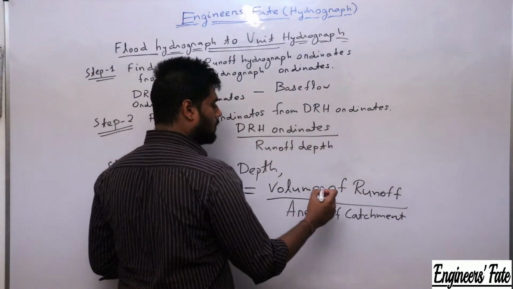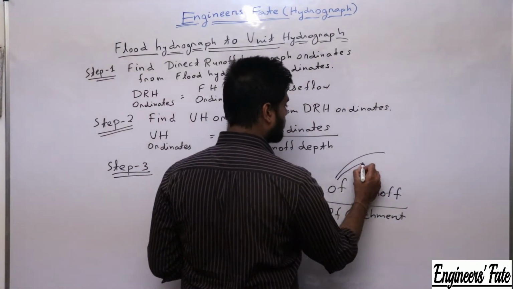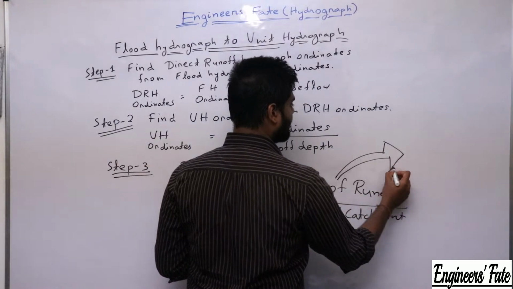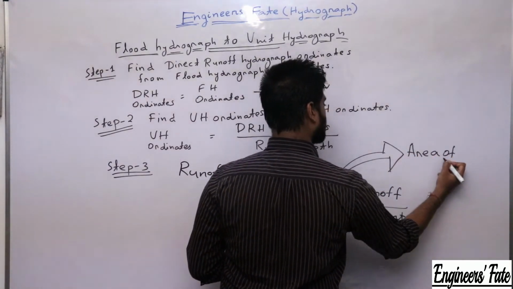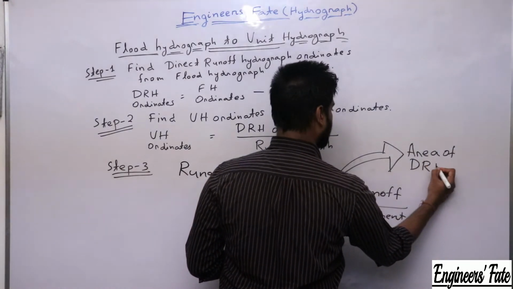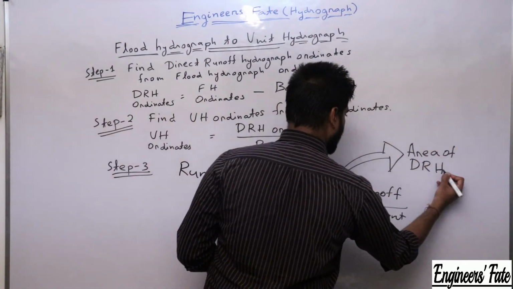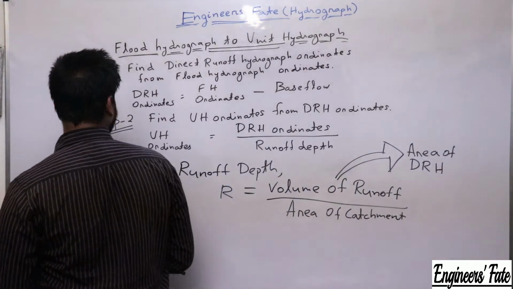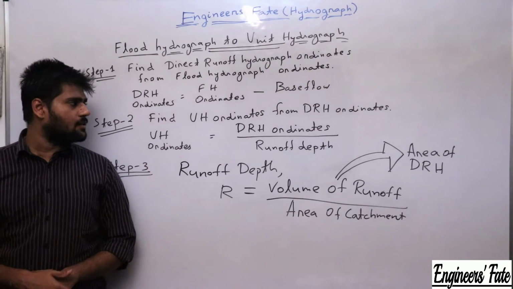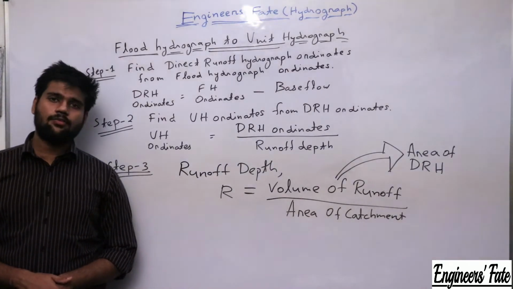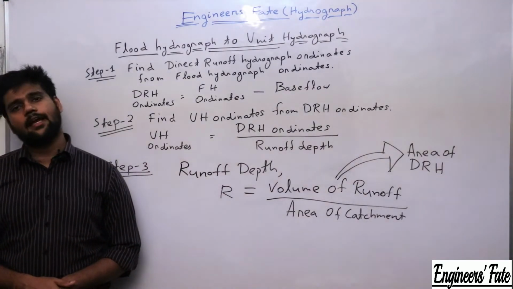So how to find the volume of runoff? Volume of runoff is equal to the area of the direct runoff hydrograph. You have to find the area of the direct runoff hydrograph from the question. How to find the area of the direct runoff hydrograph, we'll see in the next GATE question.